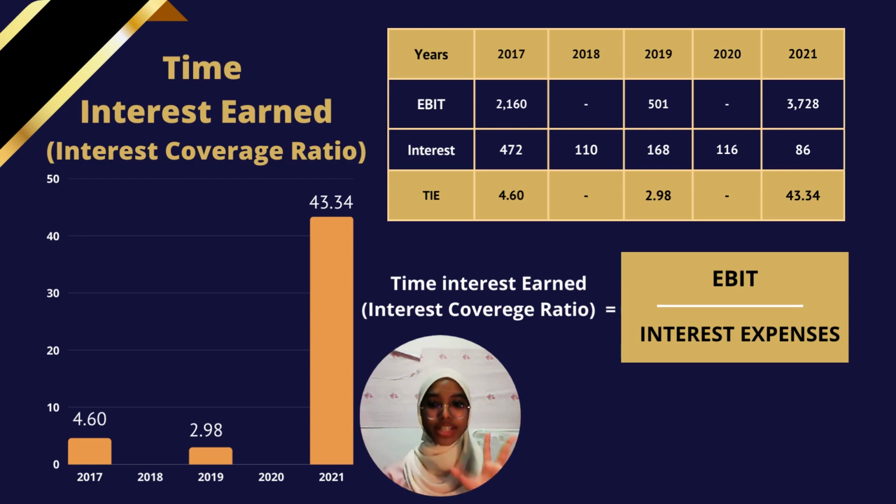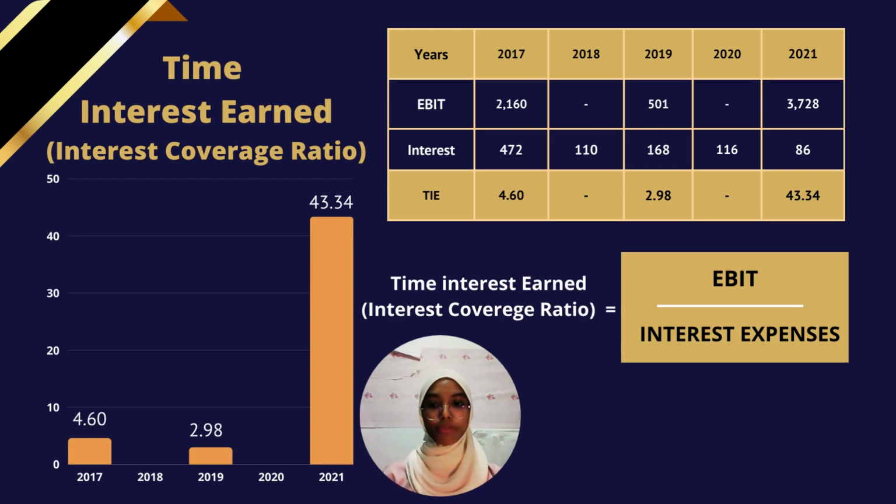In the past 5 years, Sime Darby's highest time interest earned is 43.34, which was recorded in year 2021.